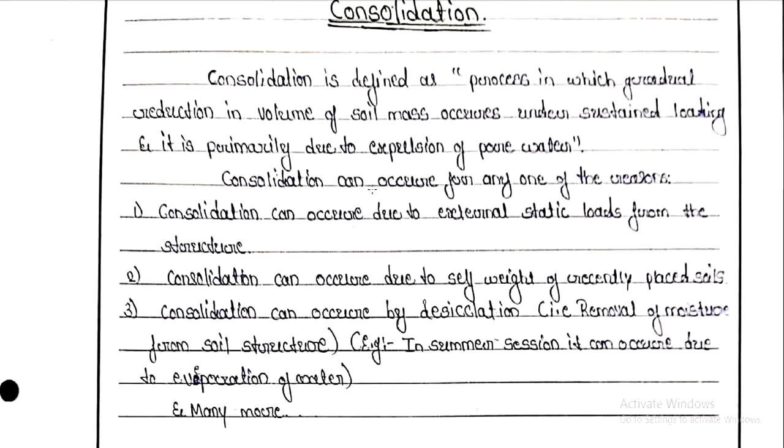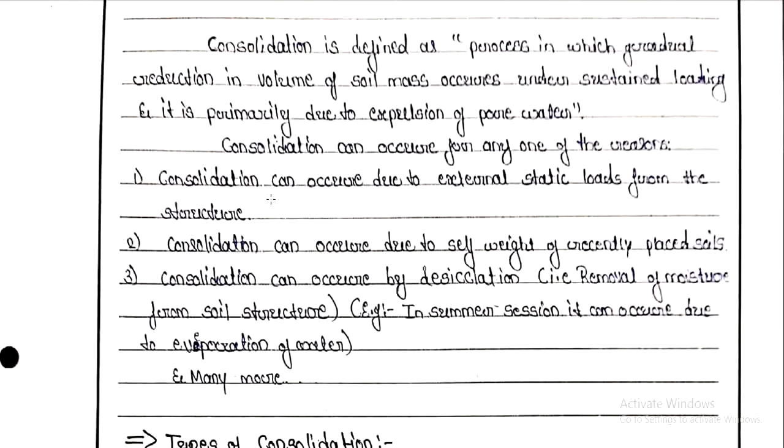Consolidation can occur for any one of several reasons. It can occur due to external static loads from structures, so whatever the structural load is, consolidation may occur after construction. It can occur due to self weight of recently placed soil, so whenever we place soil one on another, this consolidation may occur.